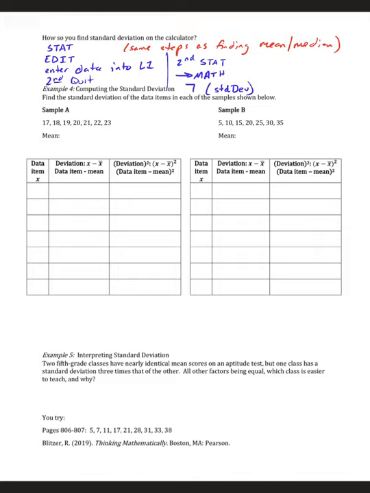And when you hit enter, then that'll come back to your home screen and say standard deviation with a parenthesis, then second 1 for L1, and then enter. And that'll give you the same standard deviation that we just found.